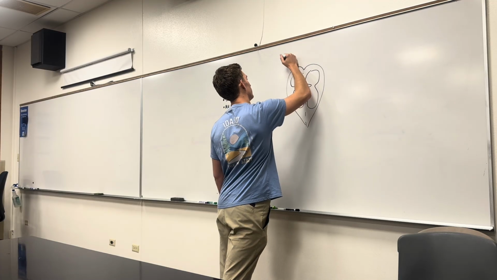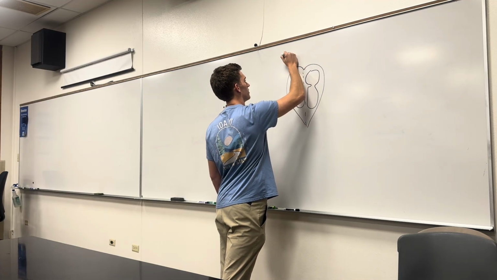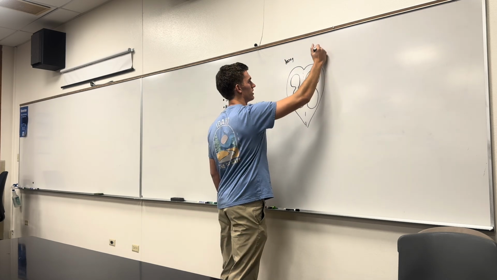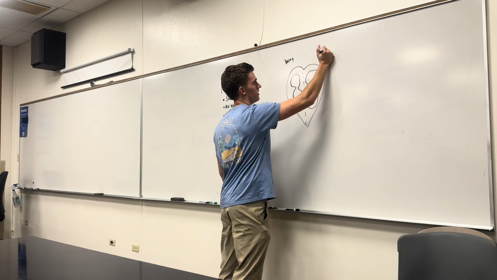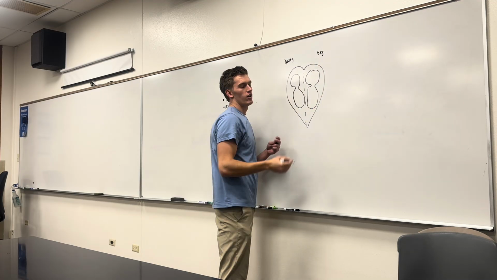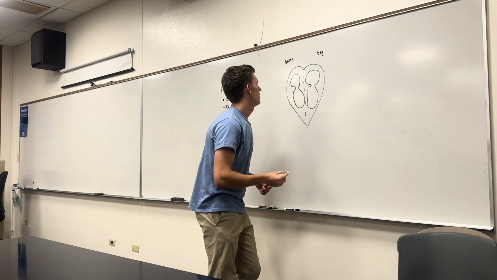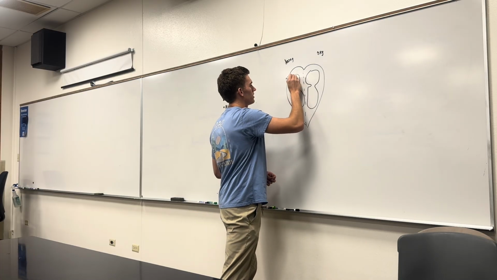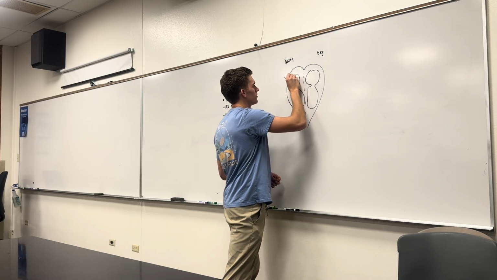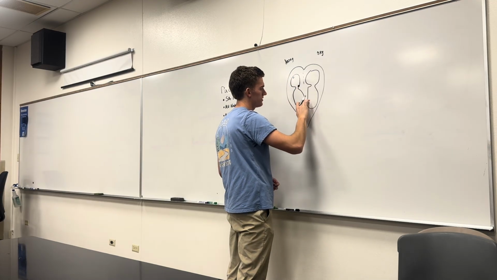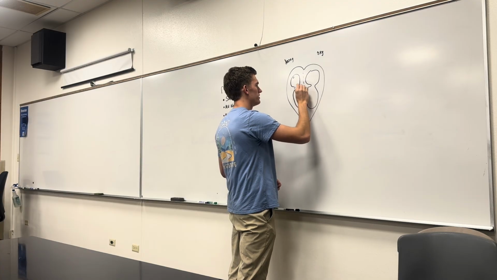This is going to be deoxygenated because it's been going through our body, and this side will be oxygenated because it has been through the pulmonary and done capillary exchange. So what happens, we have our SA node here, and then we have our AV node around here, and then this will send a signal.